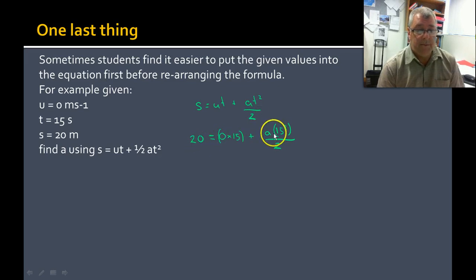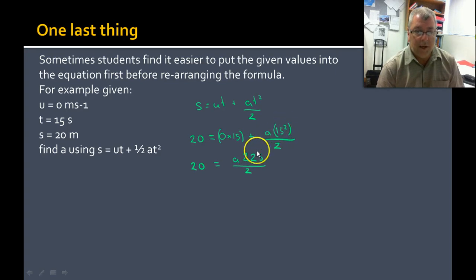And we put the numbers in. Now because one of the numbers, u, is 0, 0 times the time, 15, is effectively 0. So it gets rid of this bit here, and adding 0 is nothing. So you effectively ignore that bit, and you can make the equation a little bit simpler.